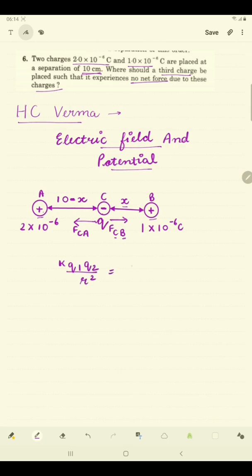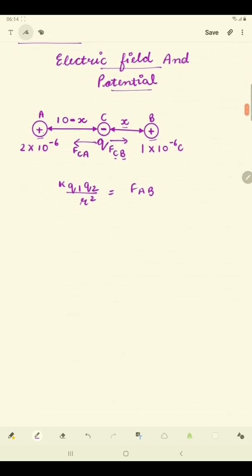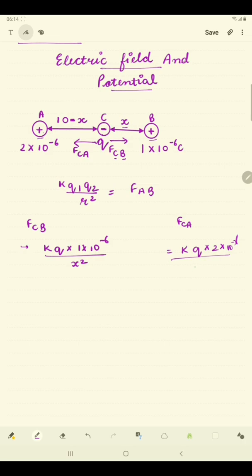This formula gives us the force between two particles, let it be A and B. So if we were to write the force on C due to B, that is K Q into 10 to the power minus 6 upon x square, and force on C due to A is equal to K Q into 2 into 10 to the power minus 6 upon 10 minus x whole square.